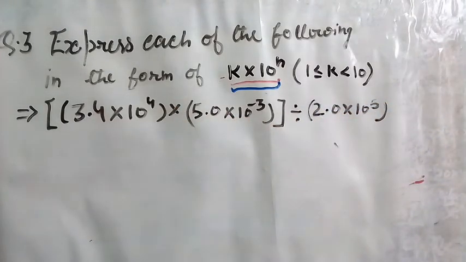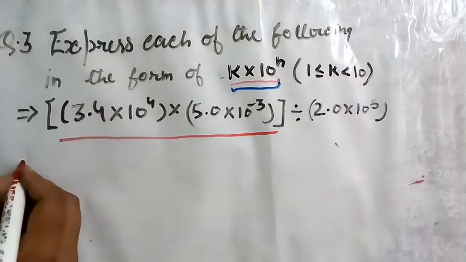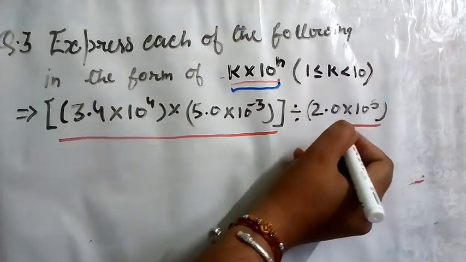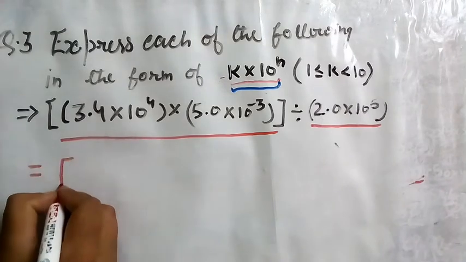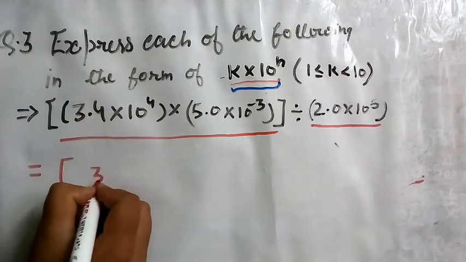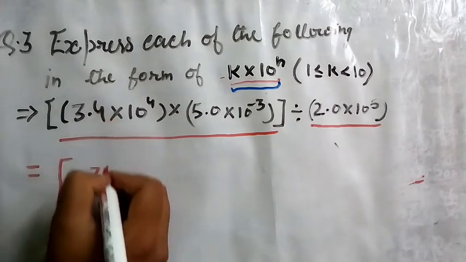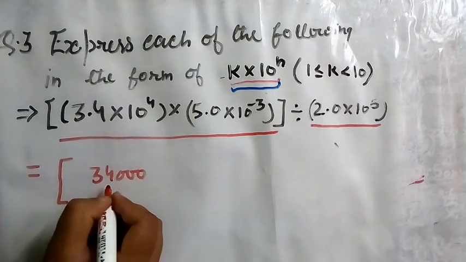So first of all, write all these numbers in their usual form. So the first number will be, now the power is positive, decimal will go towards the right side, it is 34, and after that 3 zeros.